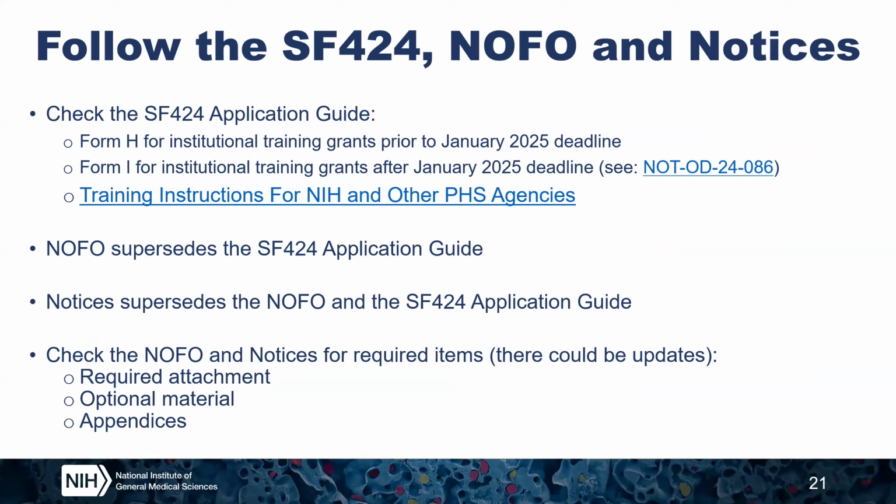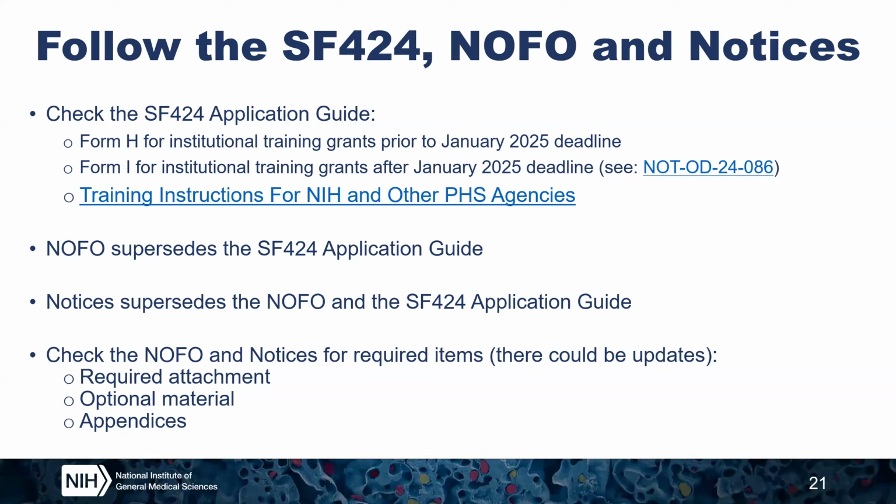For example, if you are to submit an application prior to the January 2025 deadline, you are to submit the application using Form H. Applications after the January 2025 deadline are to submit the institutional training grants using Form I. As a reminder, the NOFO supersedes the SF424 application guide. Notices supersede the NOFO and the SF424 application guide.